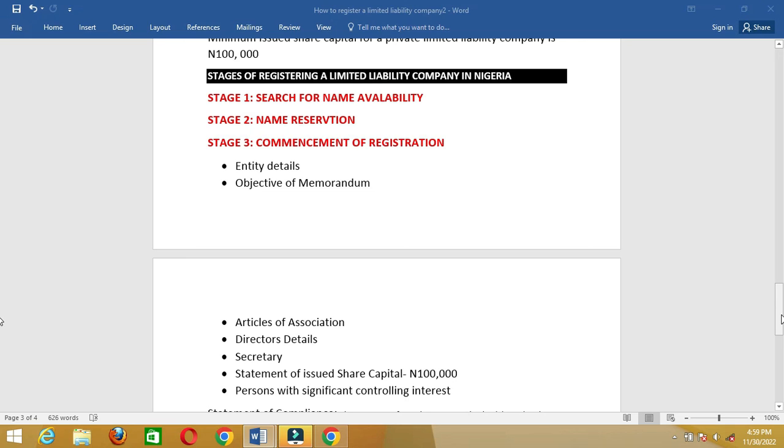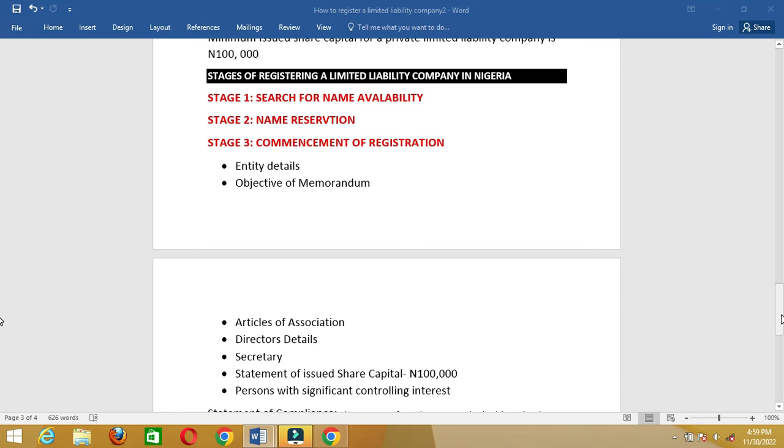Search for name availability. Before you proceed to name reservation, the first thing you ought to do is check if the particular name you want to propose to CAC is available.